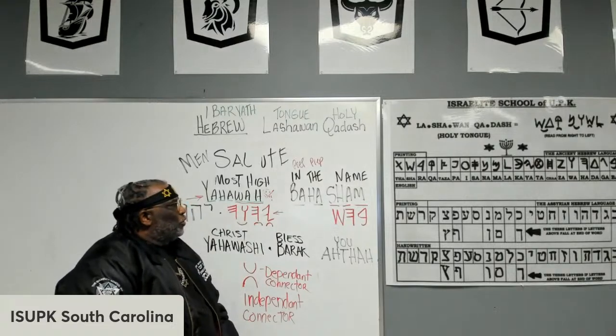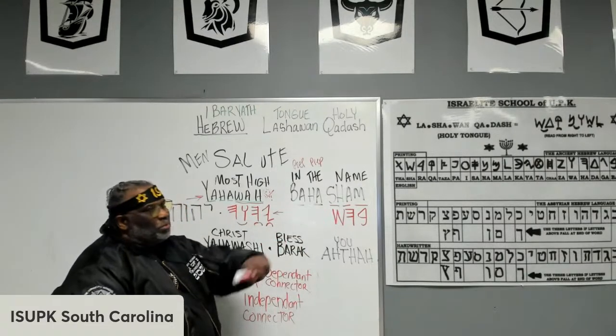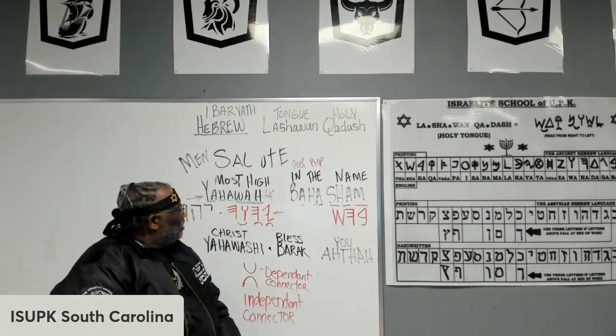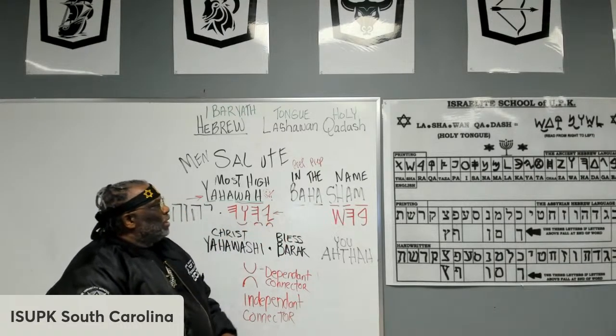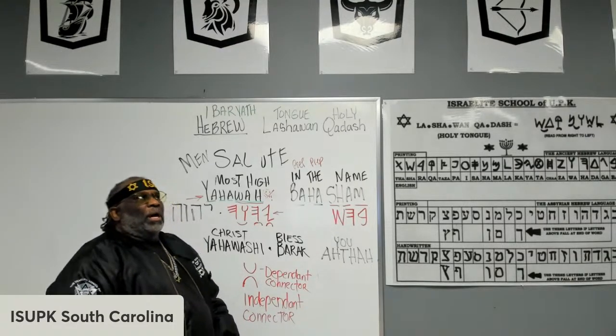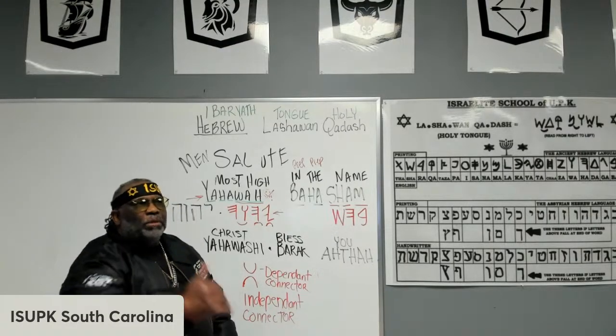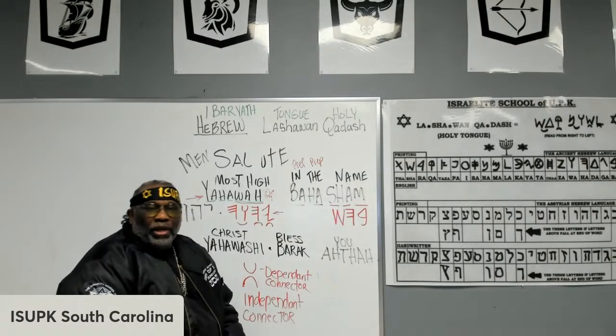This is a beginner's class for basic understanding. Because once you can understand basic writings, then you can make any sound that you want. Well, I don't mean make it, but any sound on that board, you can transliterate it.